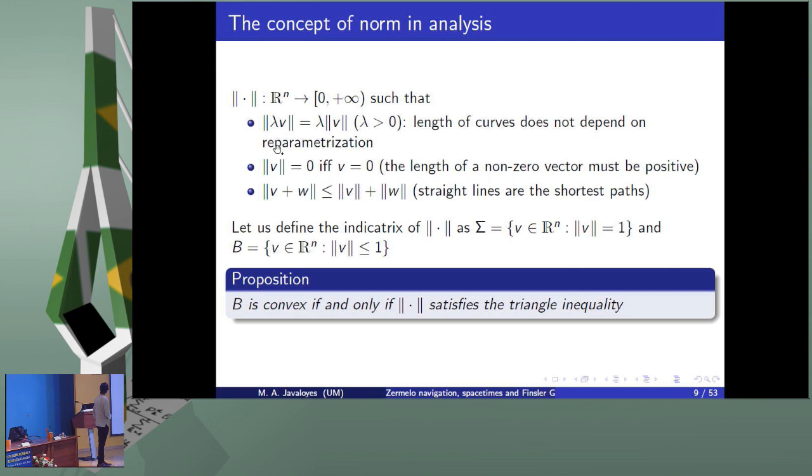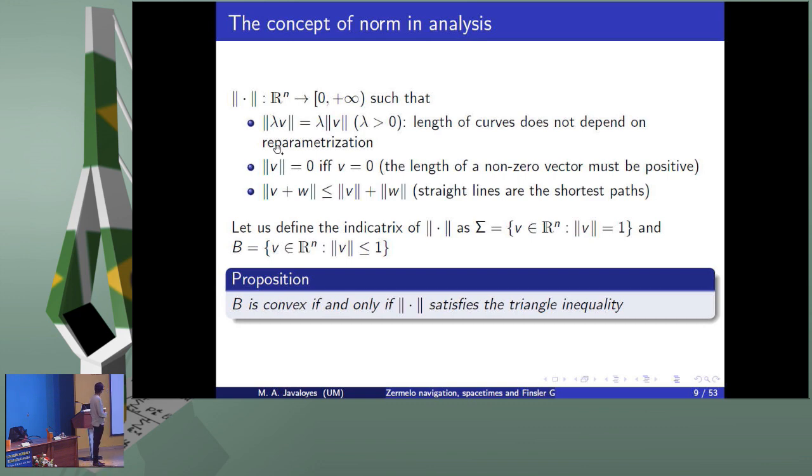So if we define the indicatrix as the points where the norm is equal to 1, and the unit ball as the points where the vectors have norm less or equal to 1, then we have the following proposition.